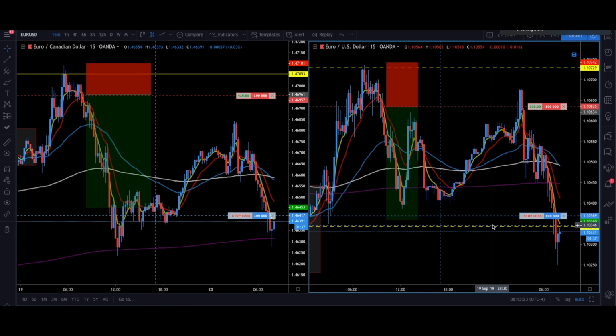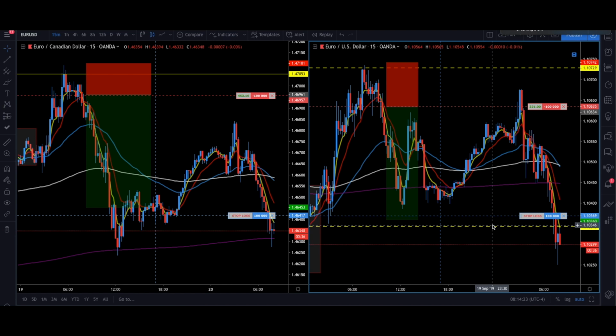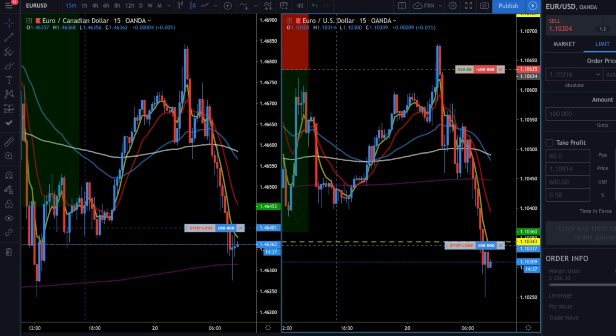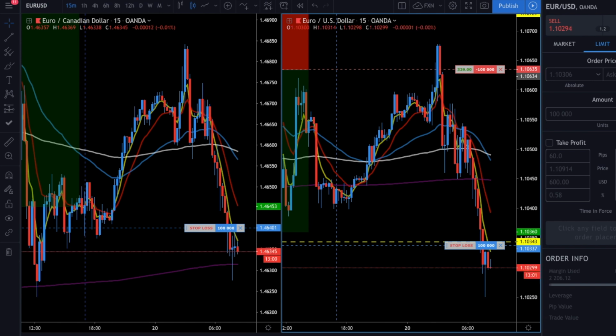Now, a couple things that I want you guys to notice is the fact that just because it's going against me right now doesn't mean that I want to get completely out of the trade, because as you'll see, price is essentially just going down, even though it's appearing to want to retrace.